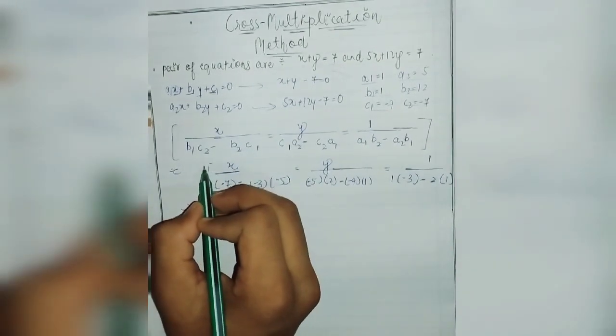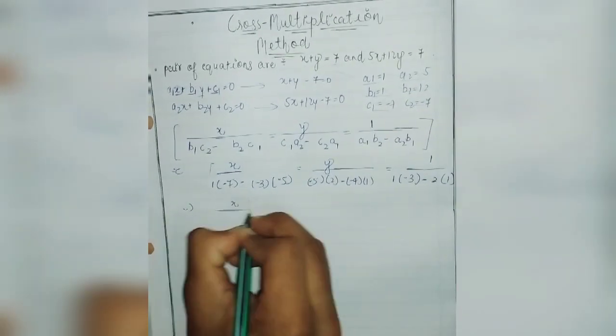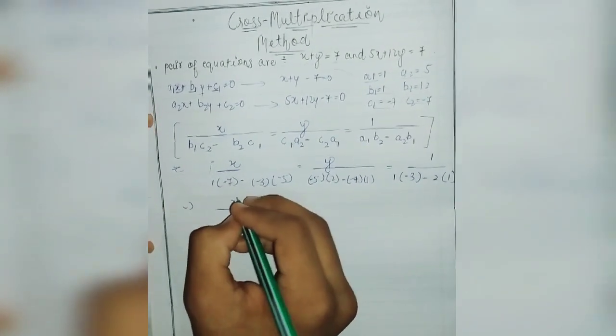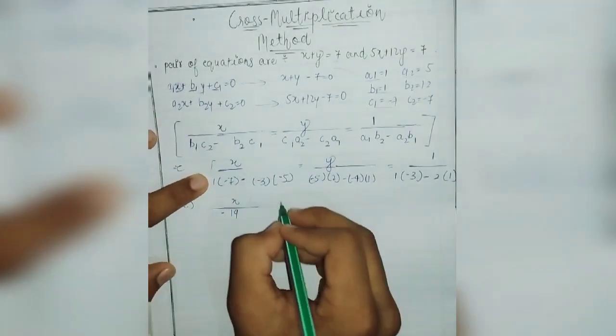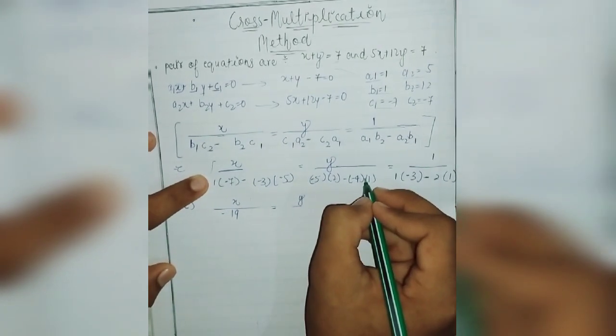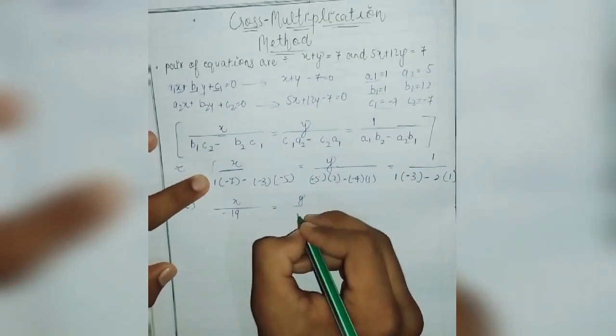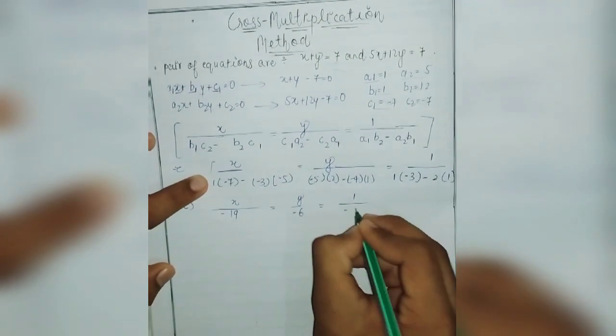Here you have to focus on the constant term. By solving these terms we get x divided by minus 7 minus 84, that is minus 91, is equal to y divided by minus 35 plus 7, that is minus 28, is equal to 1 divided by 12 minus 5, that is 7.